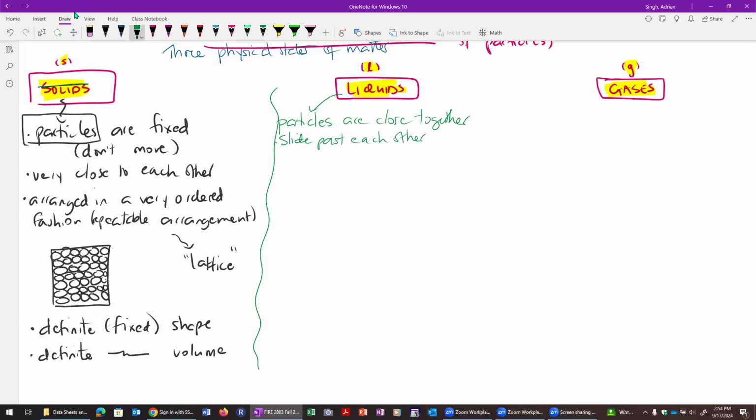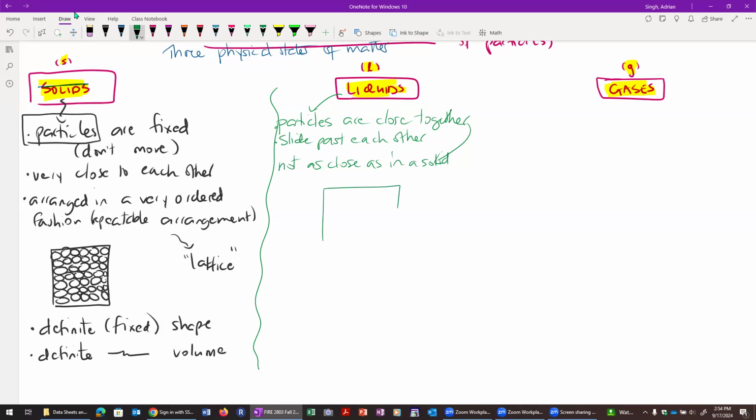Okay, so that's a lot more freedom of motion than what they have in a solid. The particles are close together, but not as close together as in a solid. Those are two main differences. They're not really an ordered arrangement. Obviously, they're able to slide past each other, so there's no lattice type arrangement.